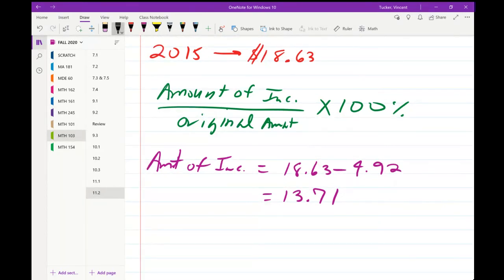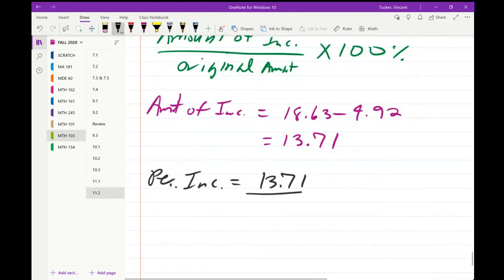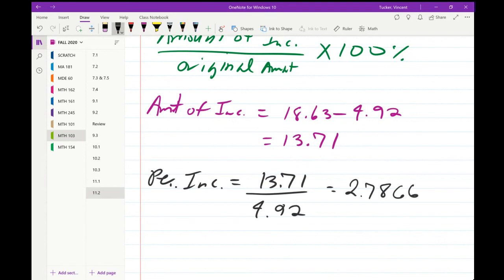Then we'll do 13.71 over the original amount, which is 4.92. And let me write this part.